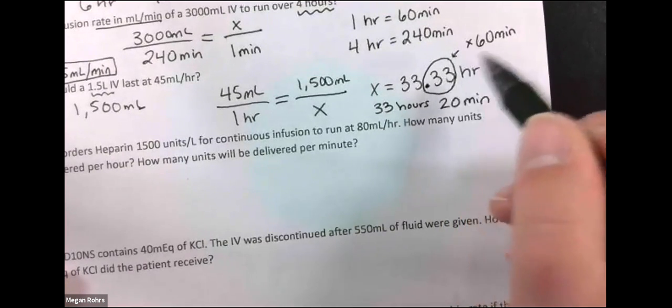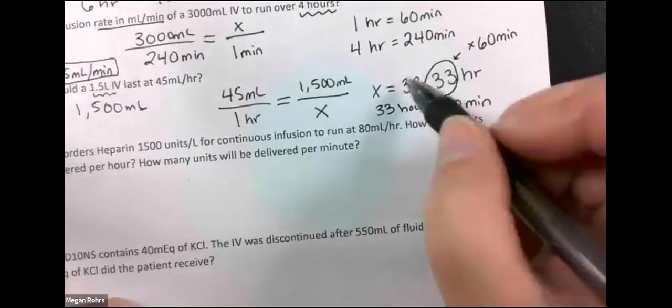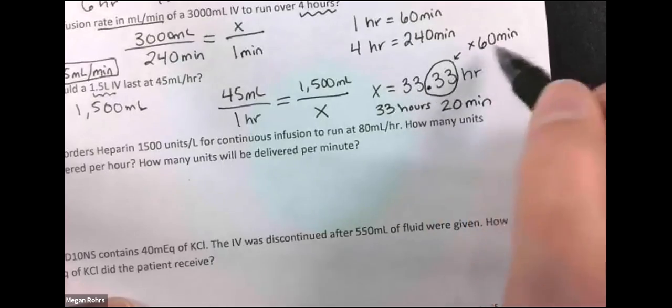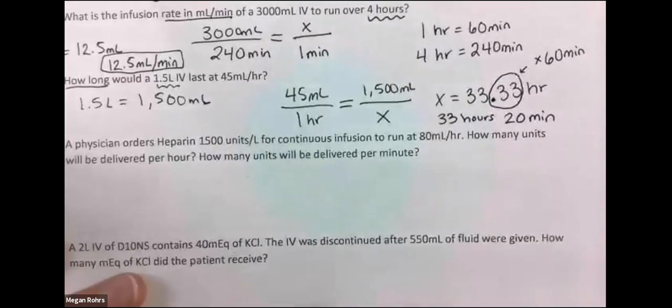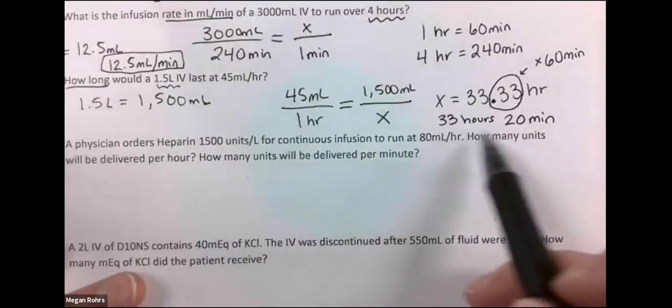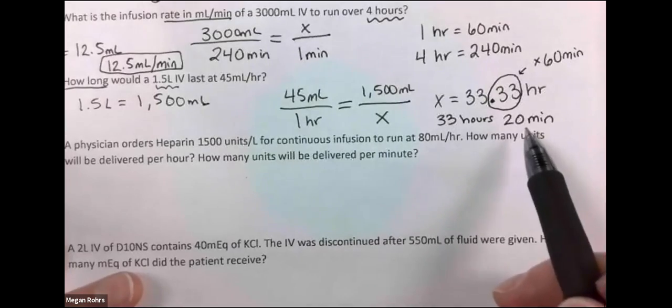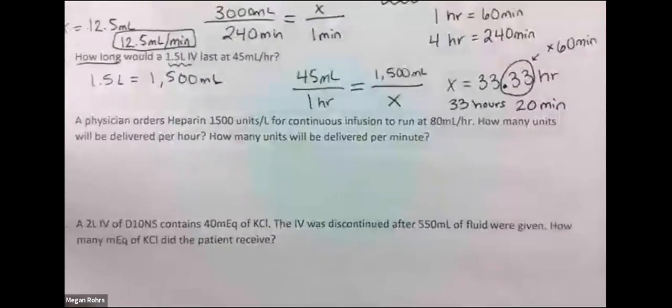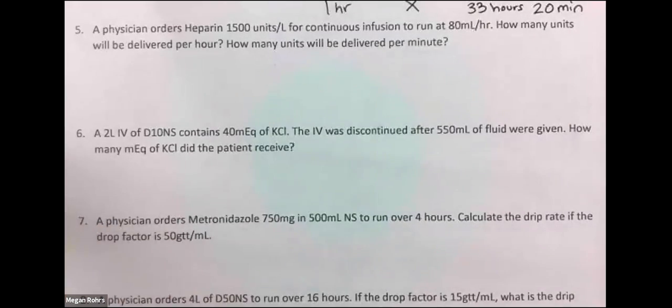So 1/3 of an hour is 20 minutes. So use this shortcut. It's very simple to convert from hours back into minutes. That makes a lot more sense, telling somebody it will last 33 hours and 20 minutes rather than 33.3 hours.